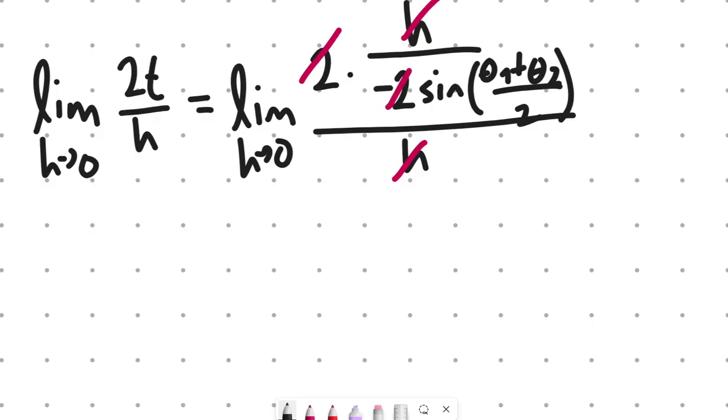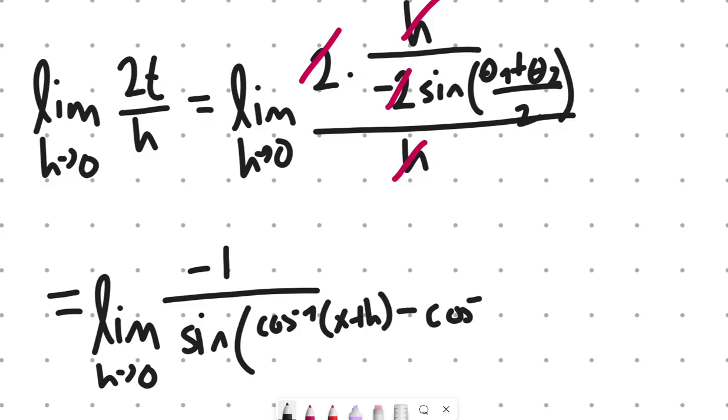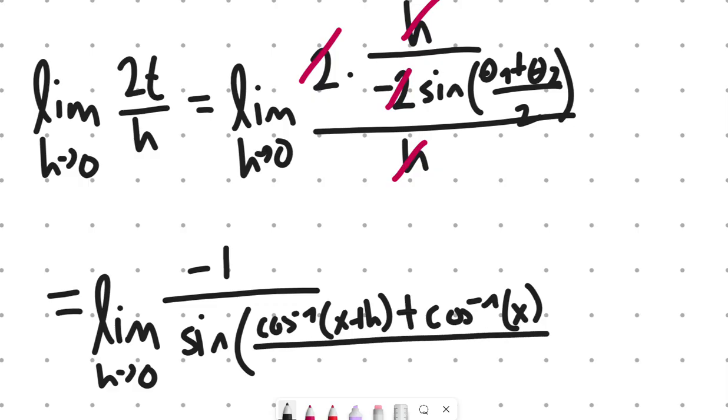Well, we have to take into consideration that we have set theta 1 and theta 2 to be equal to the inverse cosine of x plus h and the inverse cosine of x. So let's put that in. We have the limit as h approaches 0 of negative 1 over the sine of ((inverse cosine of x plus h) plus (inverse cosine of x)) all over 2.